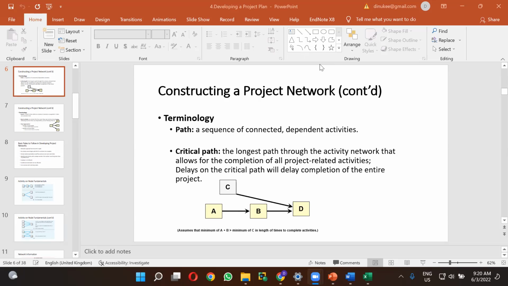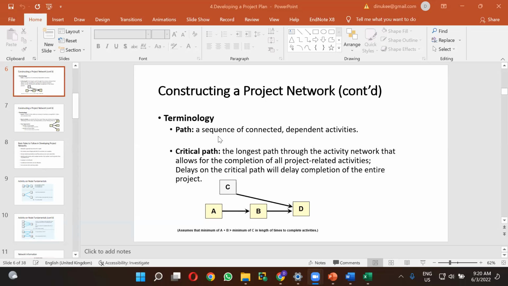So before going to find out the critical path, you can find out what the paths are. What are the paths that you can identify in the project network? Then after identifying several paths, you can calculate the duration for each of these paths. After calculating the duration, there can be one path which has the longest duration.